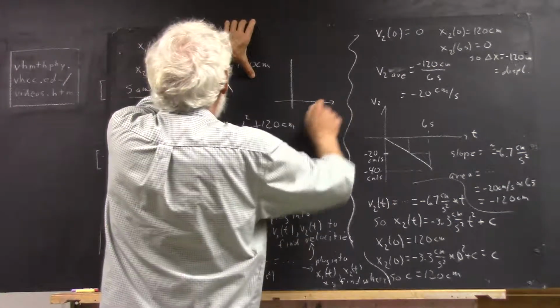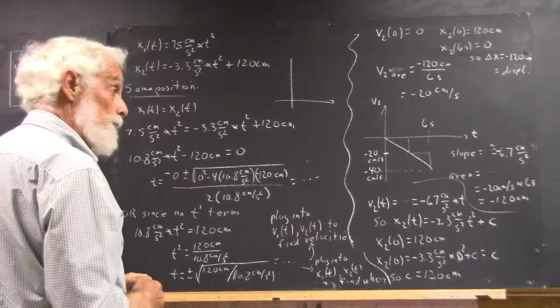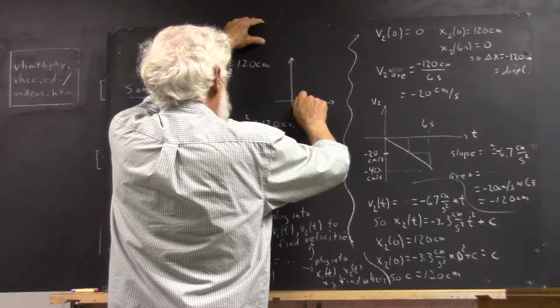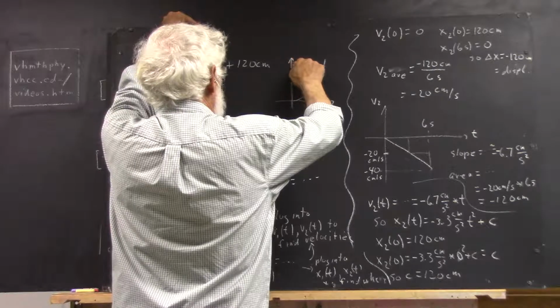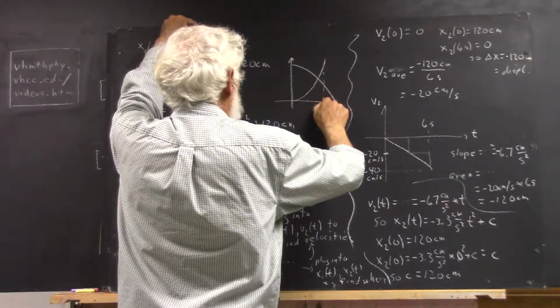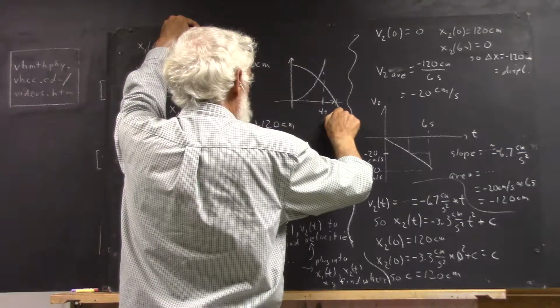But if I graph these two quadratic functions, and you should know from pre-calculus how to graph quadratic functions, we haven't really talked about it, but one of them is like this, and one of them is like this. And one of them goes out to 4 seconds, and one of them goes out to 6 seconds.